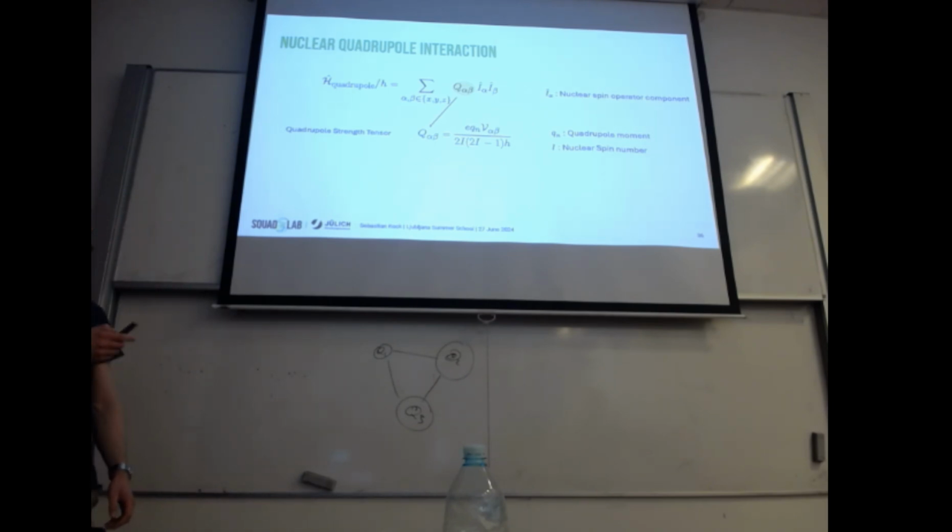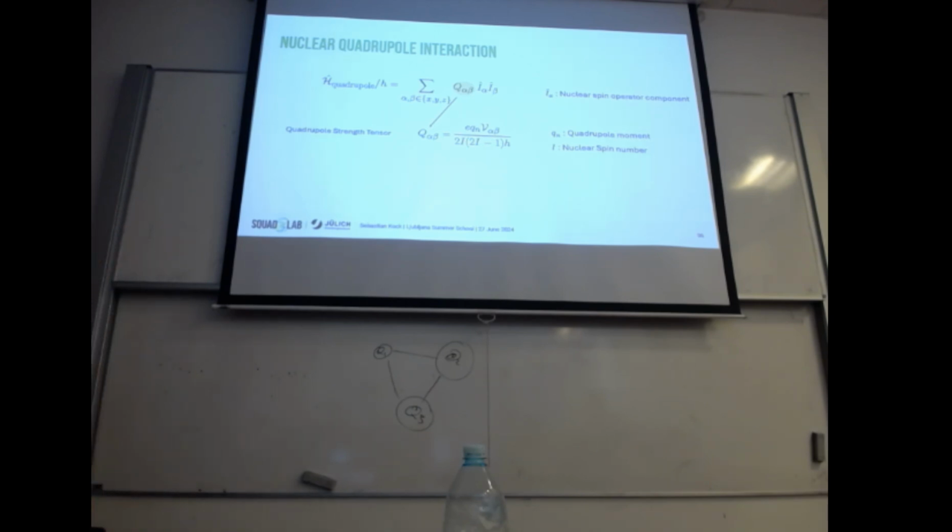So this is the full term. We have the sum over a product of two nuclear spin operators with this quadrupole strength tensor. And this strength tensor depends on a few things, but the most important for us here is that it depends on the electric field gradients. Right? It's also a tensor classically.